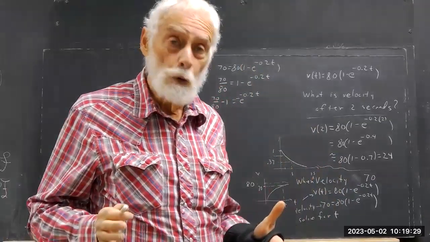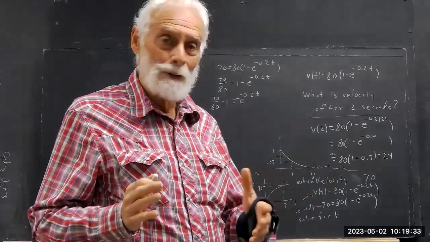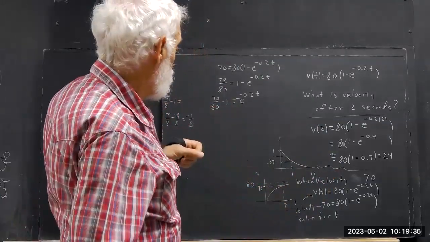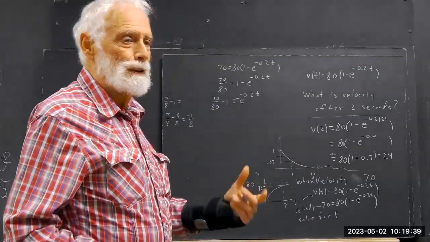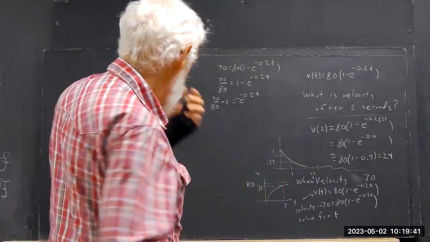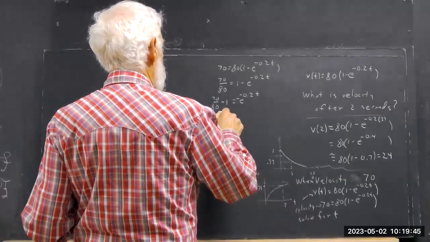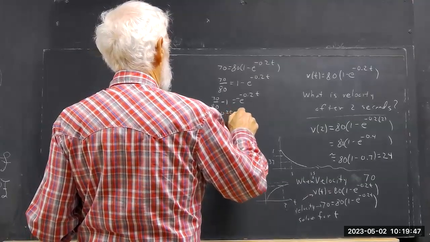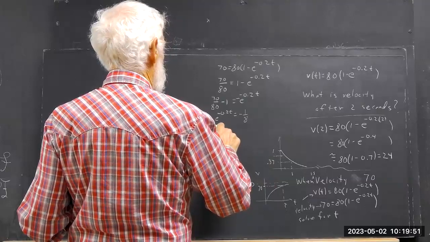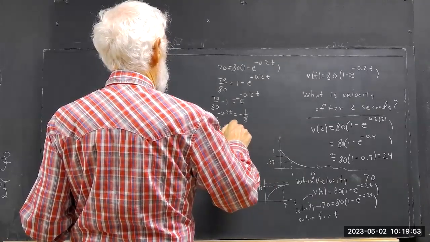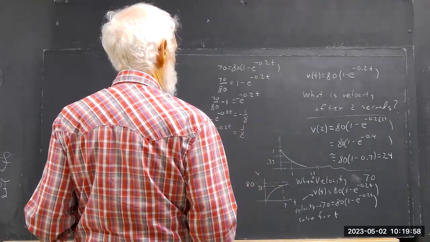You know how to read a ruler, or a tape measure. It's pretty clear that if you subtract 1 from 7/8, you're going to get negative 1/8. So negative e to the negative 0.2t equals negative 1/8, so e to the negative 0.2t equals 1/8.